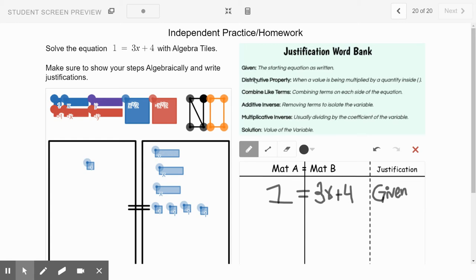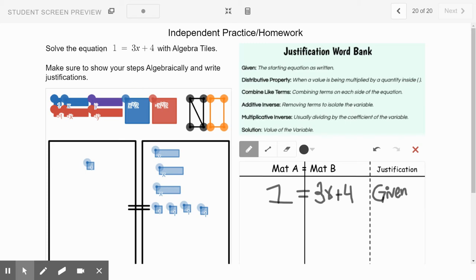Usually, believe it or not, I like to follow this order here. I like to do additive inverse first and multiplicative inverse second. You're not wrong if you do it in this order, or if you don't. You could do multiplicative inverse first, but then you'd get fractions and it'd be all weird. Additive inverse is usually easier to do than multiplicative inverse.